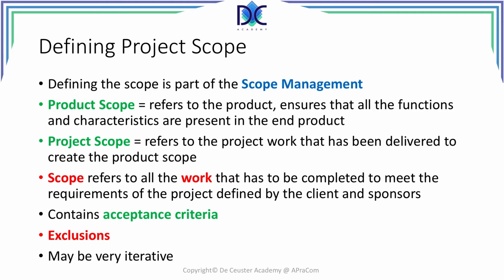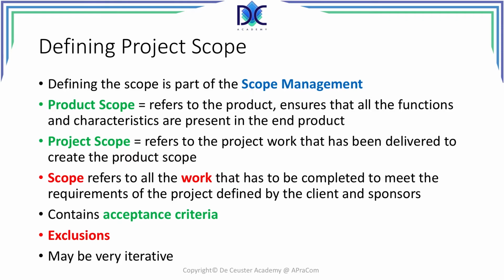The project scope refers to the project work, deliverables, reporting, and so on. So in general, when we talk about scope, it relates to all the work that has to be completed to meet the requirements that have been set by the client and the sponsors.